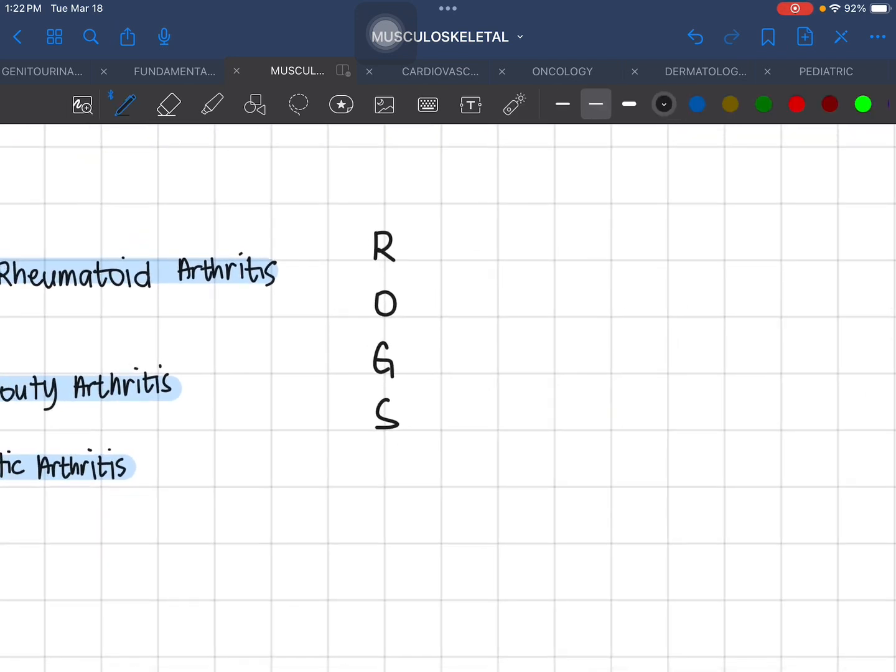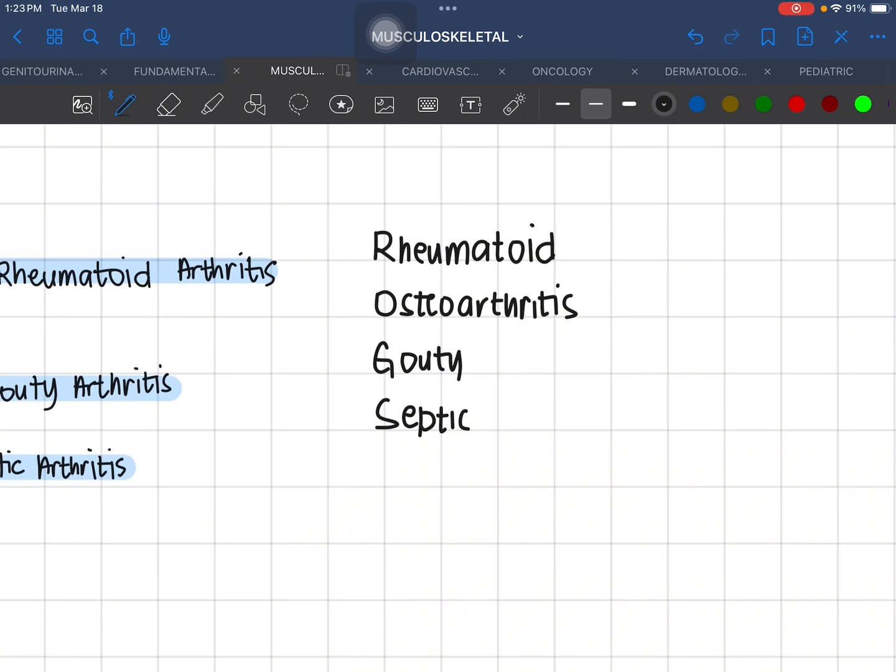So, sulat natin muna. Ayan. ROGS and AHOB.